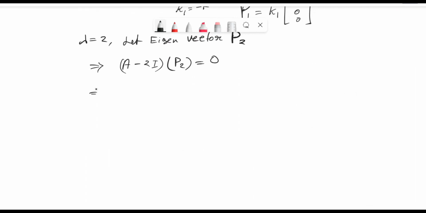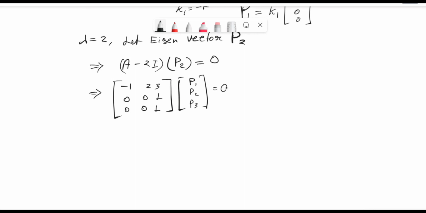Performing the calculation, we have [minus 1, 2, 3; 0, 0, 1; 0, 0, 1] times small p1, p2, p3 equal to 0.